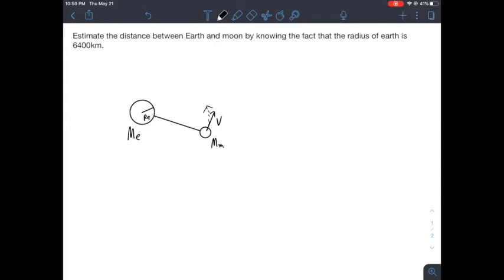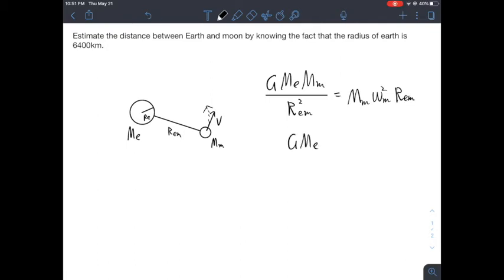Based on this relationship, we can lay out Newton's gravity relationship: G times M_E times M_M over the distance between them, defined as R_EM, the distance between Earth and Moon, squared, is equal to M times omega squared times R, and that will be the centripetal force of the Moon, the equivalent of them.